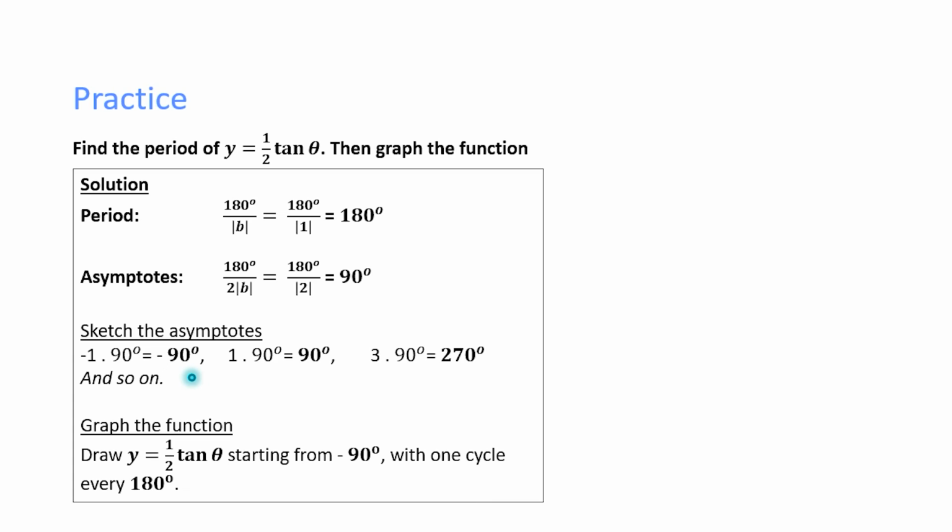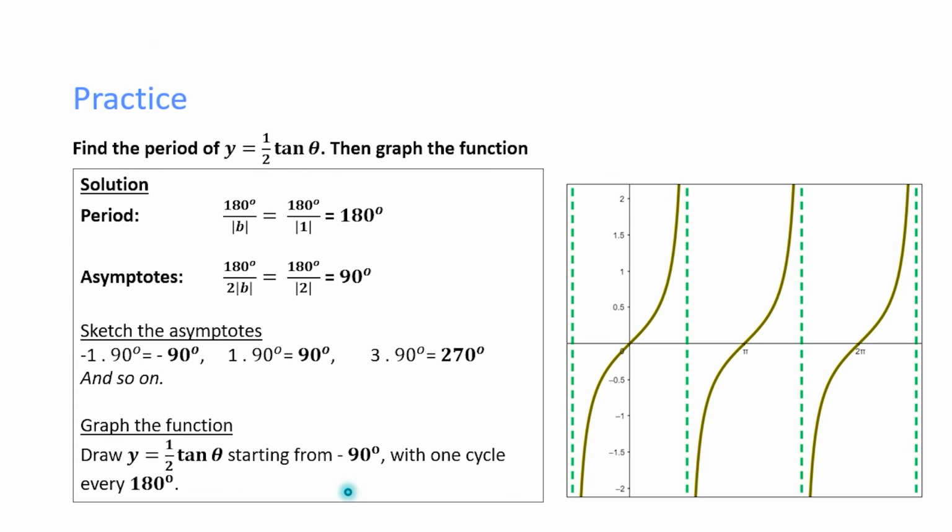Graph the function of y equals 1/2 tan theta. So start from minus 90 degrees, and there is one cycle every 180 degrees. In this case, I've used GeoGebra to graph the function.